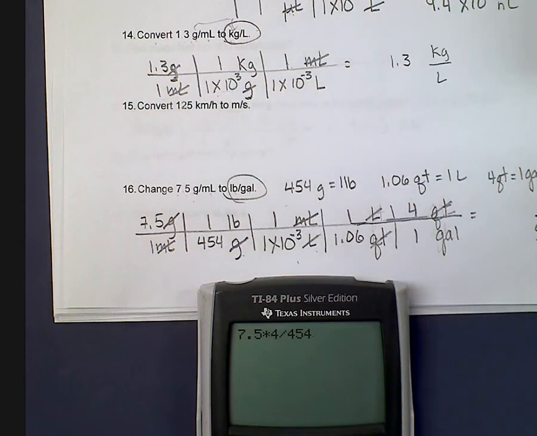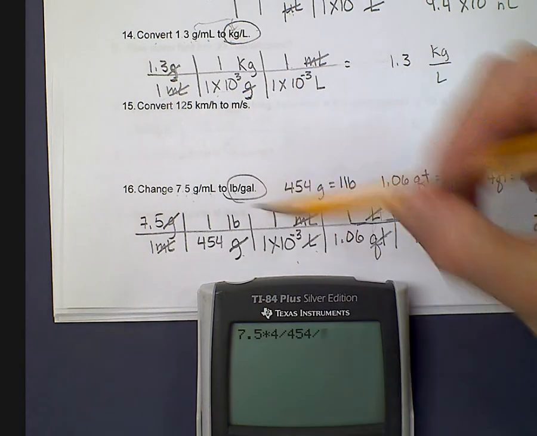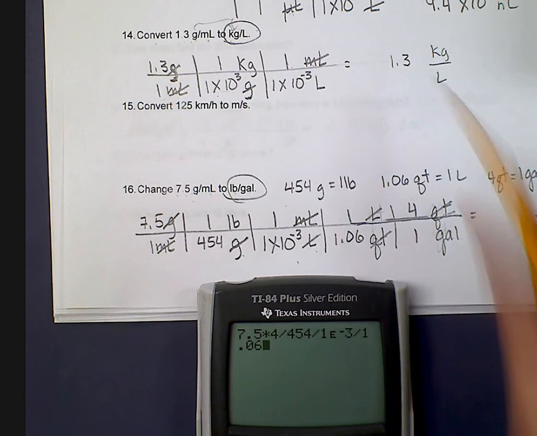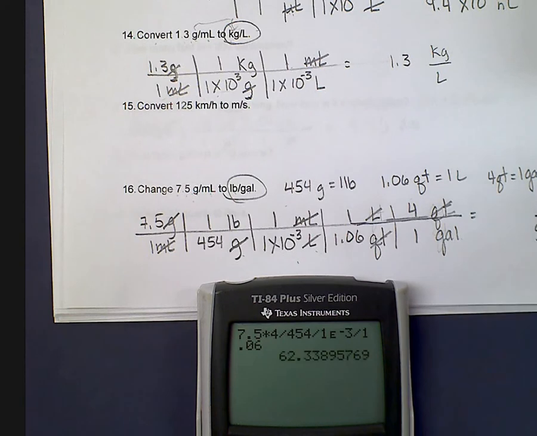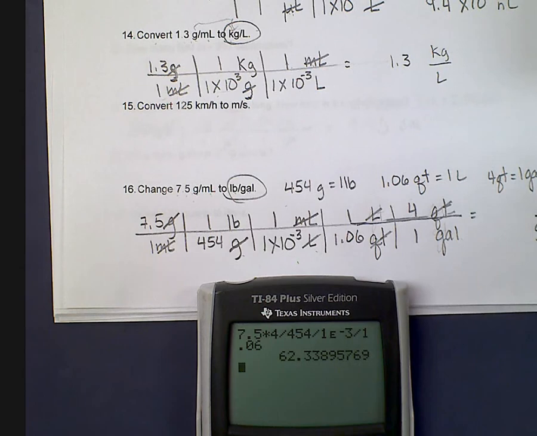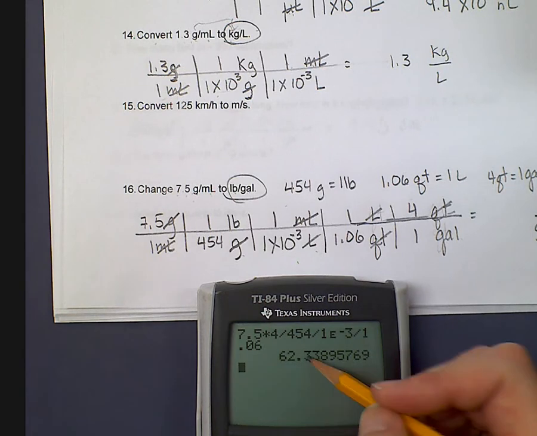Divide again by 1, scientific notation key negative 3. Divide again, 1.06. And I'm good because I don't need to divide by the 1. So I end up with 62.33895769. And of course I don't want to write all of these numbers.